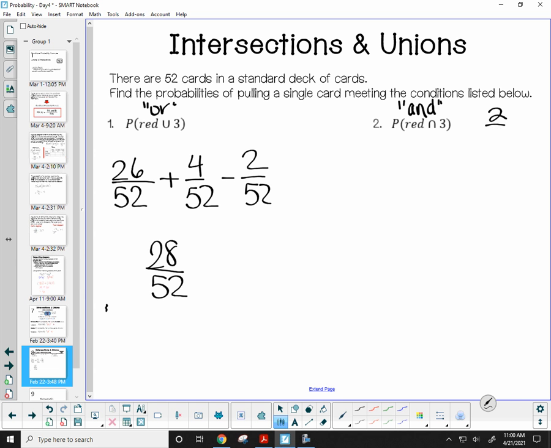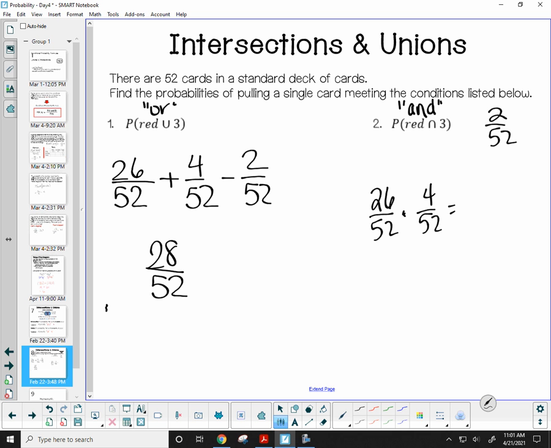Okay? But let's think about this mathematically, like how I would compute it. Because we've been doing these and problems, we know it's a multiplication problem, right? So how many reds do we have? 26 out of 52, times how many 3s do we have? 4 out of 52.